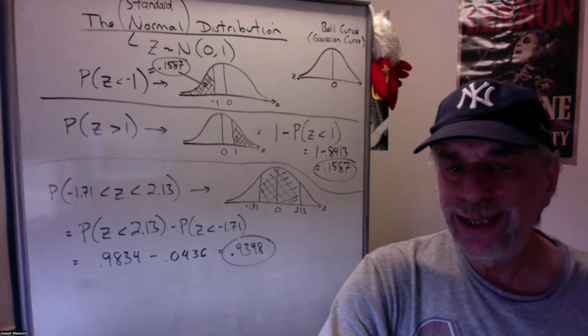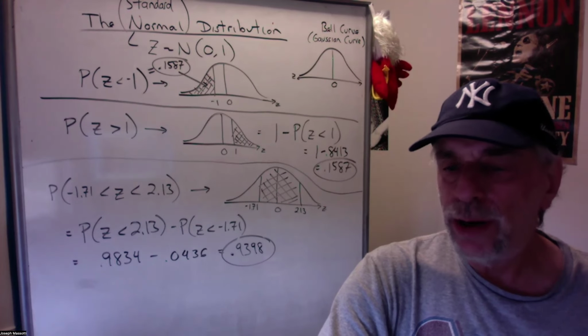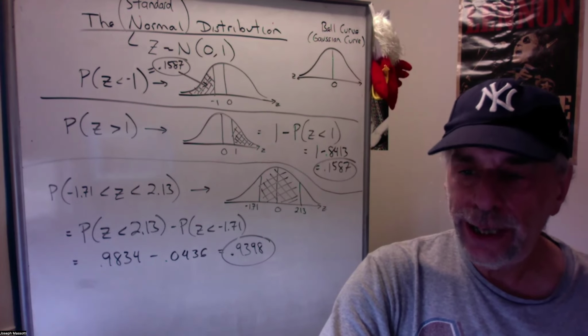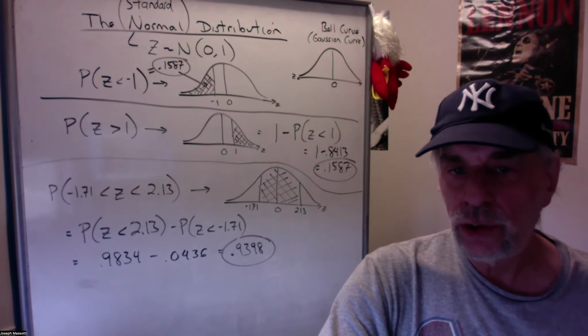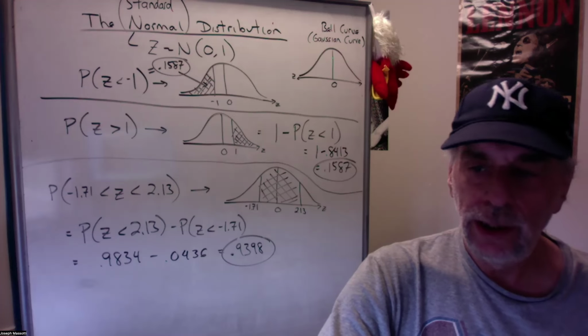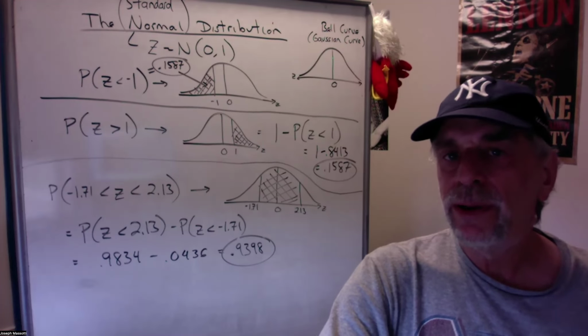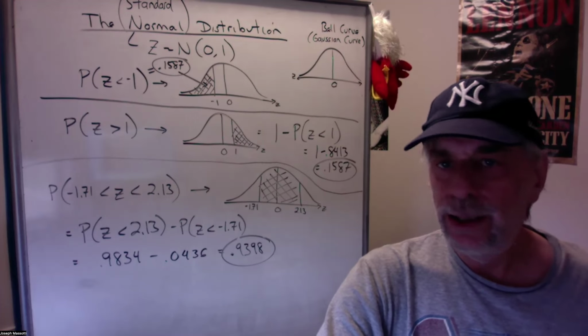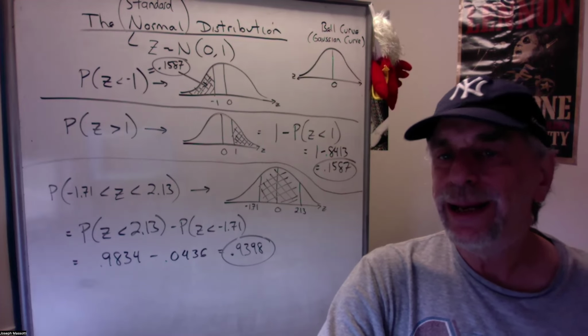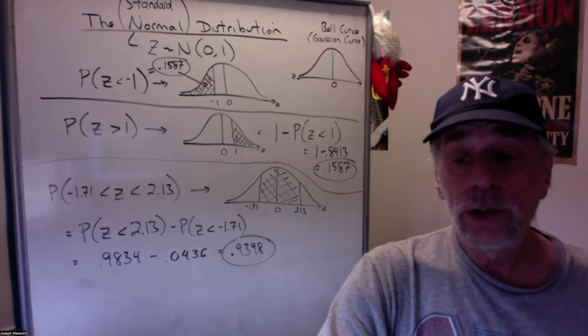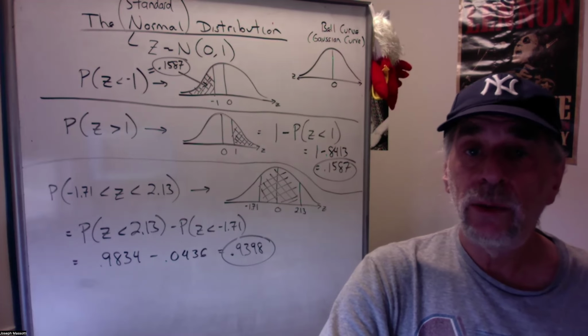We will continue on. Our next video will be converting any normal distribution to this one so that we can use these tables to find probabilities involving any normal distribution with any mean and any standard deviation. So that gives you something to look forward to, and we'll see you next time.